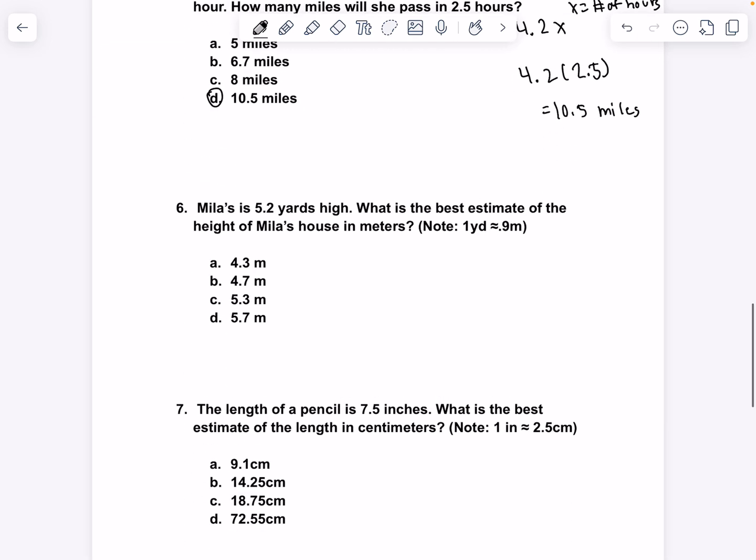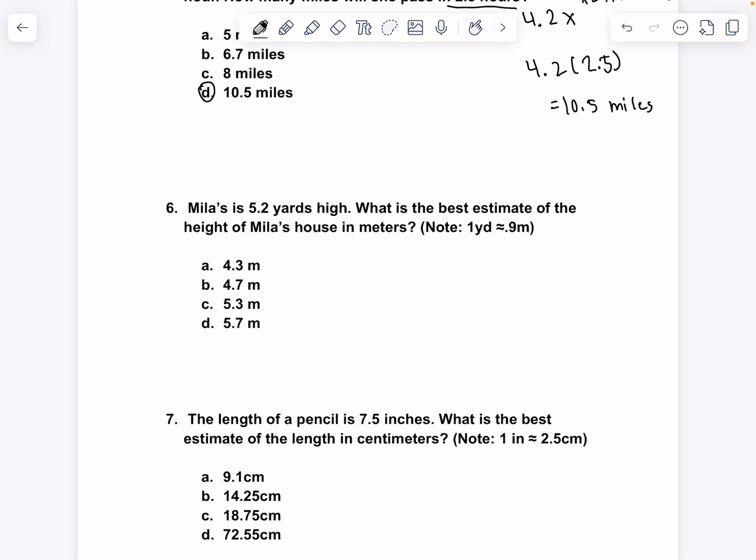Number 6 says Mila's house is 5.2 yards high. What is the best estimate of the height of the house in meters? So if we know 1 yard is approximately equal to 9 meters, that means the ratio would be 1 to 9, which means that if there are 5.2 yards, we will multiply it by 9 to solve for the amount of meters.